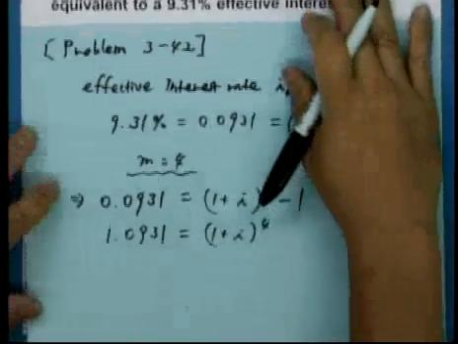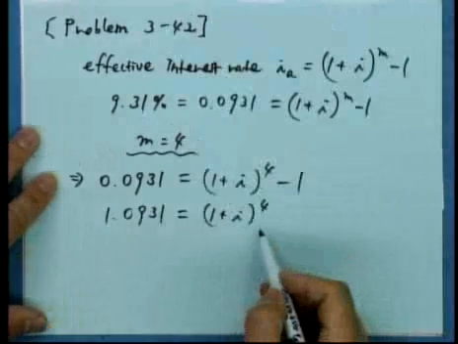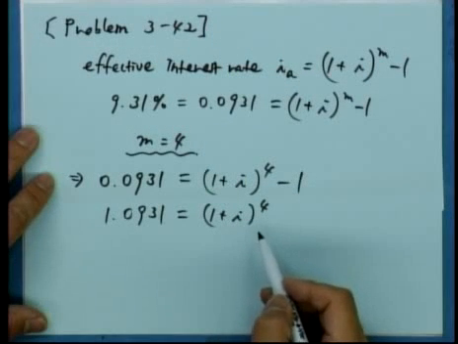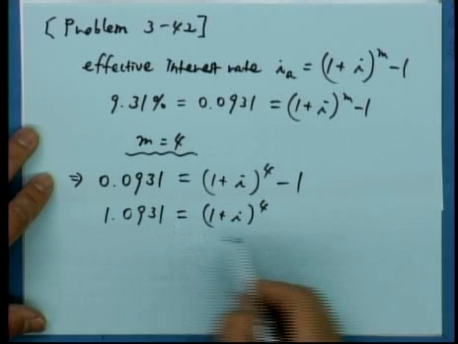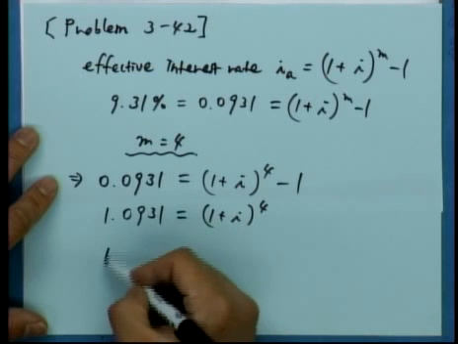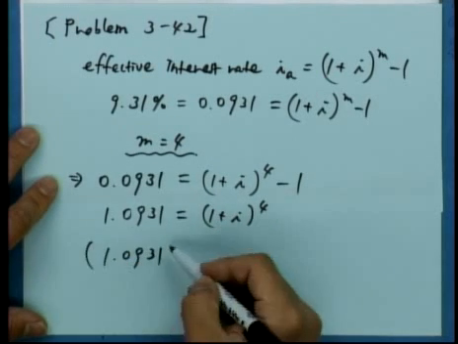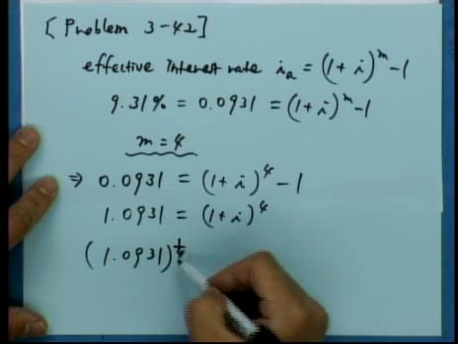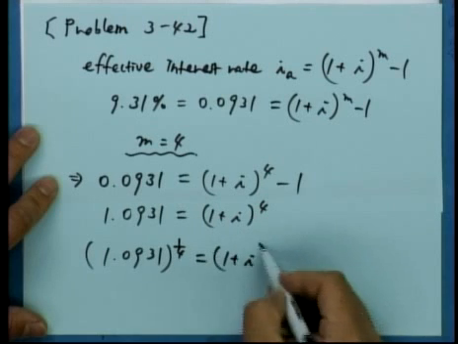Now, if you raise to the power 1/4, that is, if you take the fourth root on both sides, what happens? It's going to be 1.0931 to the power 1/4 equals 1 plus i. Is that right?